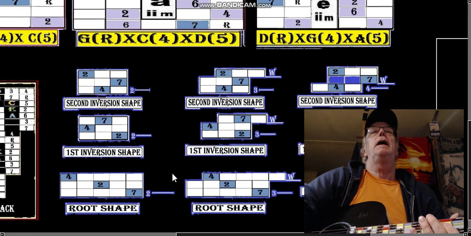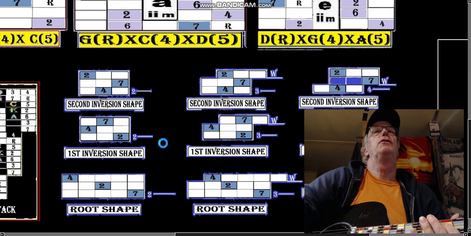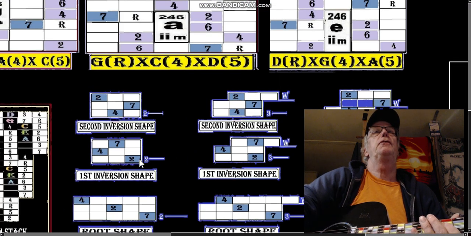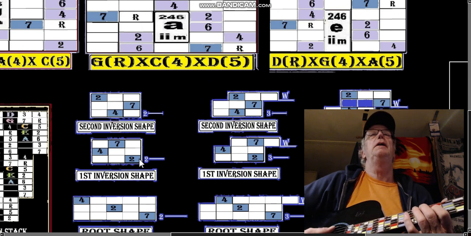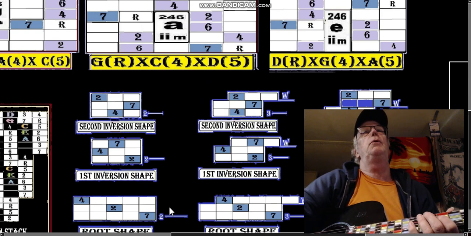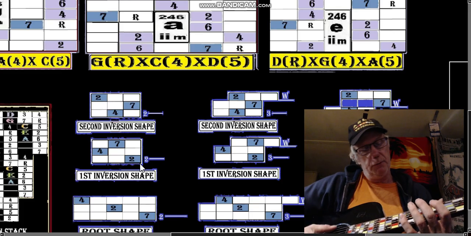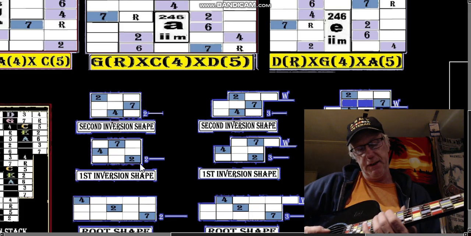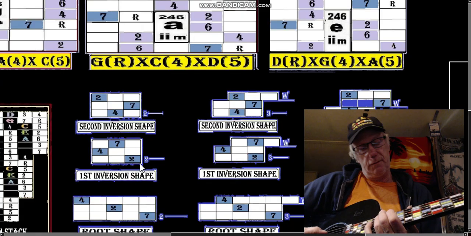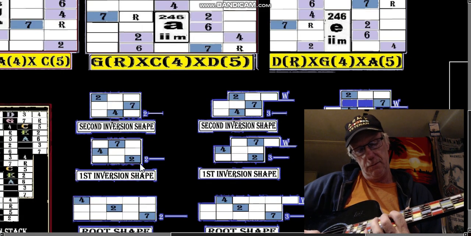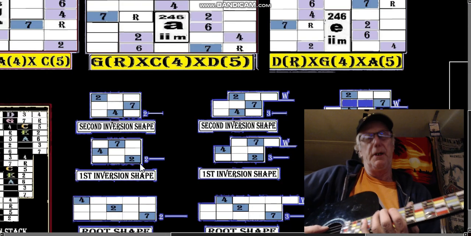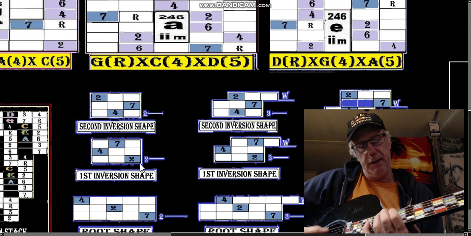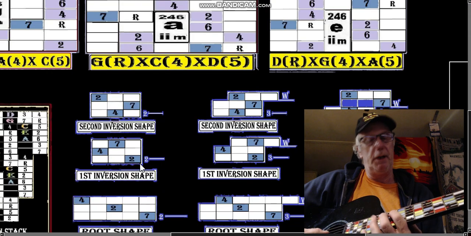Okay? Now, what happens is the first inversion shape, this is also from string number 2. Now we're calling this string number 2. I don't know why I'm calling that string number 2. The first inversion shape would be, starting from D, a minor third, and then we go up to what?